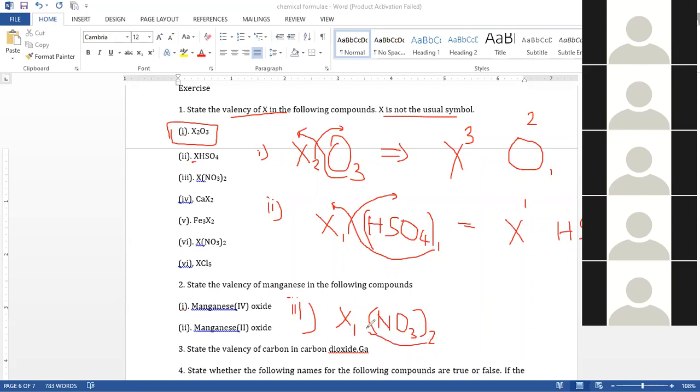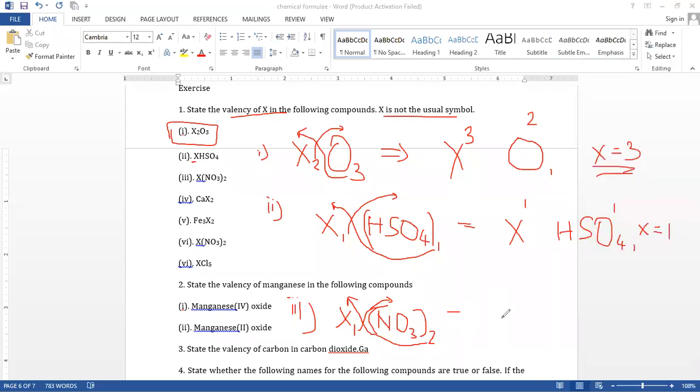So remember, these 2 came from this side. Again, this one came from this side. My arrows are funny. Okay, that means that as we are going backwards, X has a 2, a nitrate has a 1.